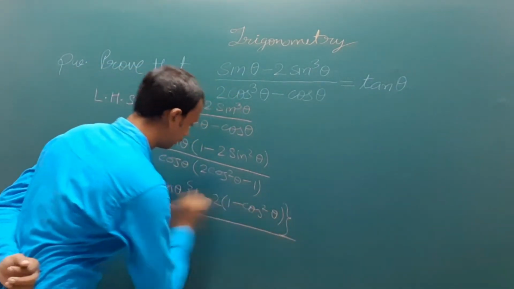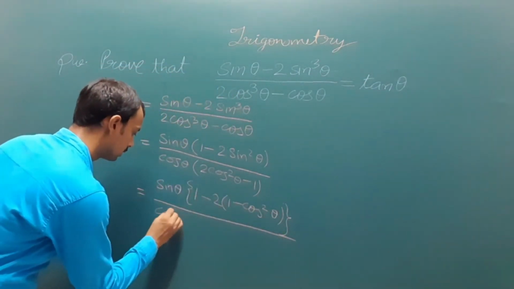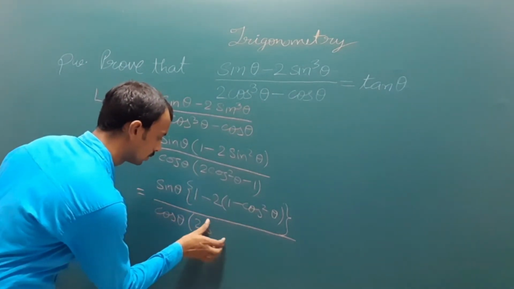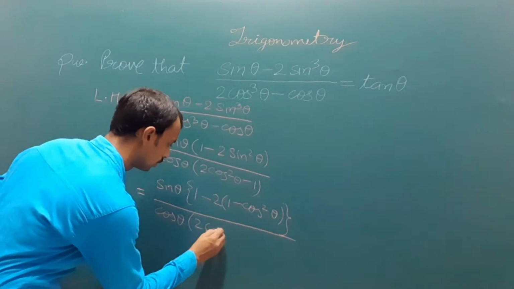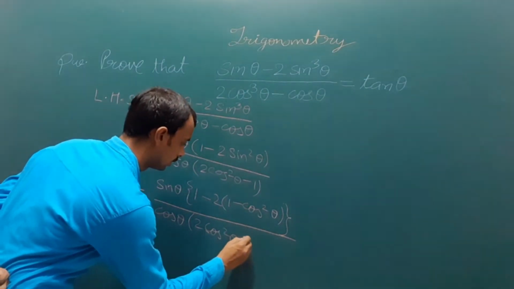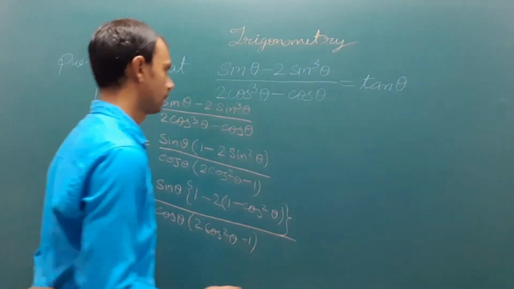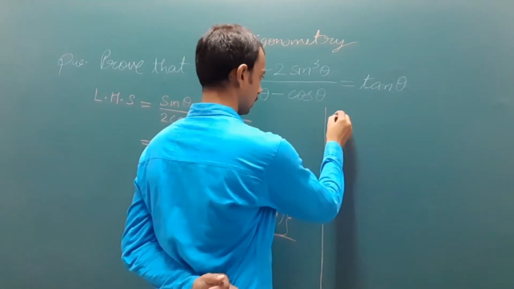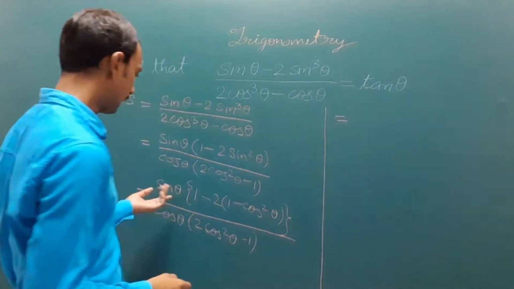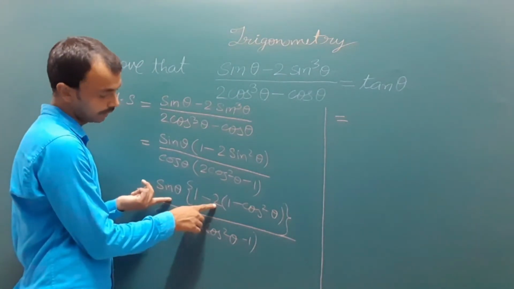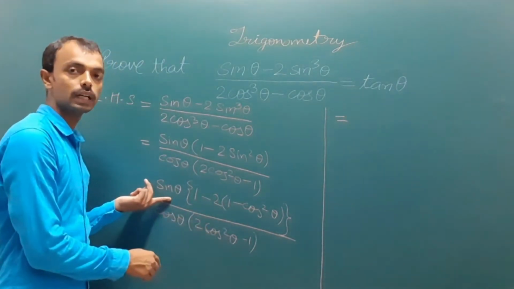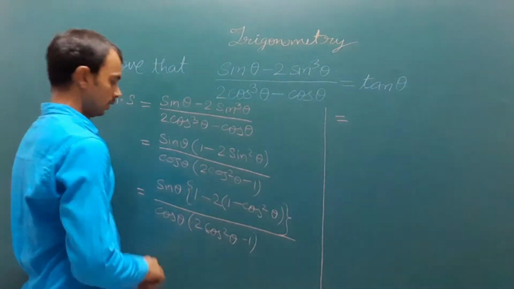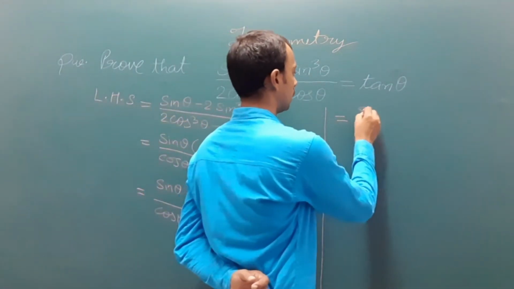And the denominator will be the same, cos theta upon 2 cos square theta minus 1. Now what I can write over here? If I multiply 2 inside the bracket, I will get 2 minus 2 cos square theta. So let's write it down.